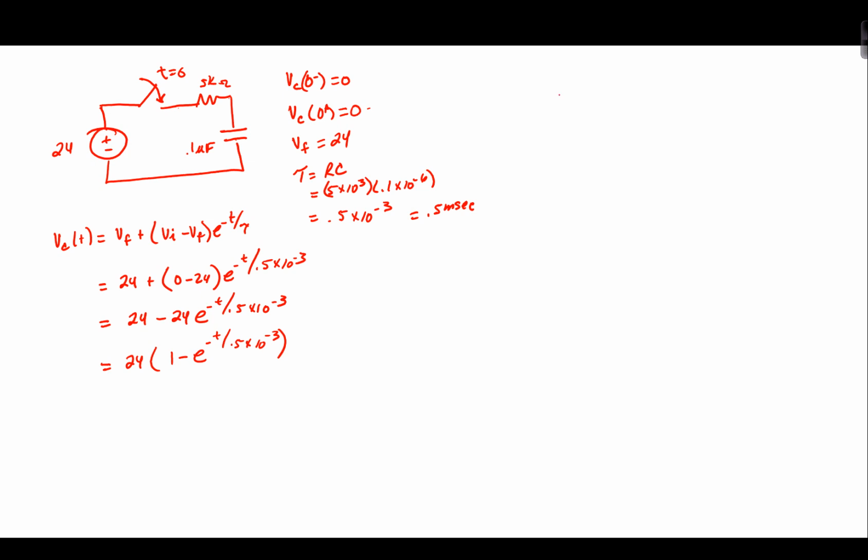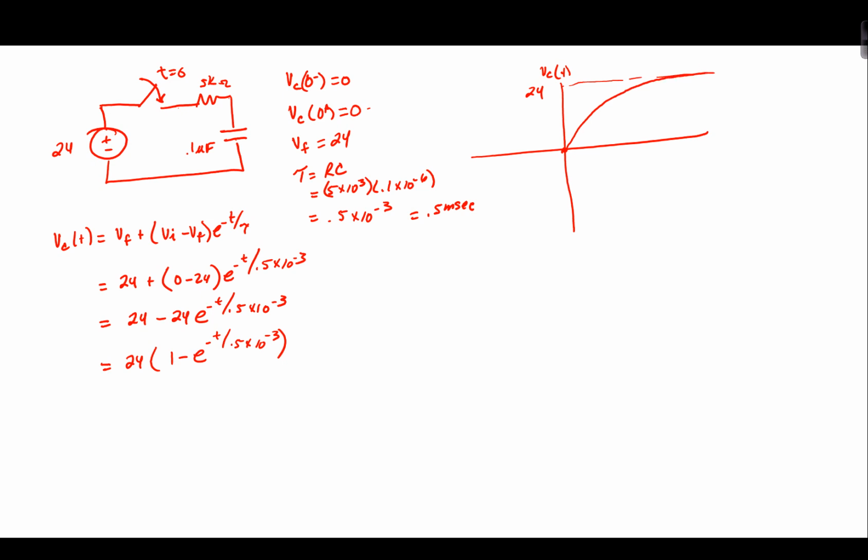And we can graph that. It starts here at 0. It's heading to 24 volts. This is V sub C as a function of time. Starting at 0, it's going to 24 volts asymptotically.